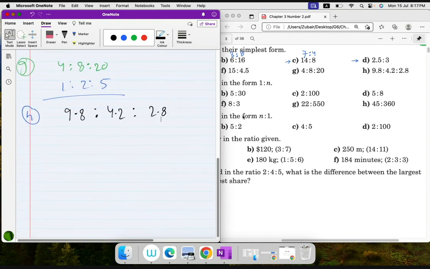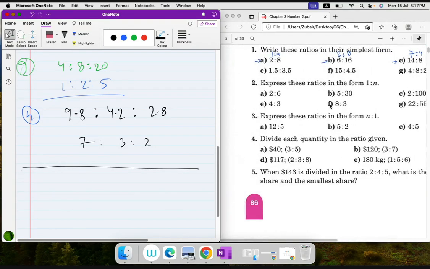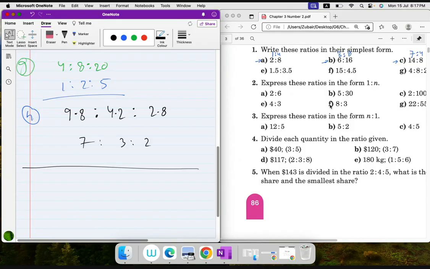Both of you getting the same answer? Yes, sir. We'll multiply with 10 and then we will simplify with 2, or then we will do the calculation.